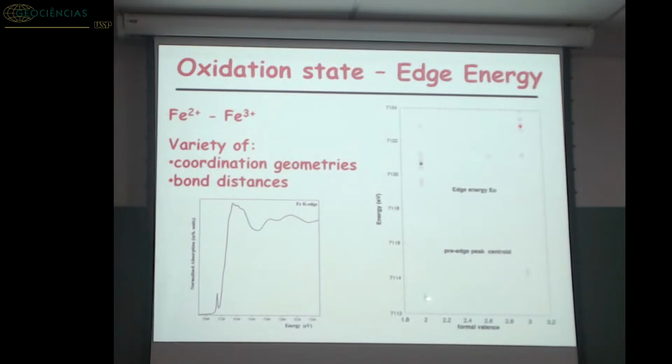There is still a range that's not a unique value, but it's quite narrow. And trivalent model compounds all plot here, all the ones shown here. So the pre-edge peak can be a small feature, very often 6 times smaller than this, but it can be a more reliable estimate of the iron oxidation state.